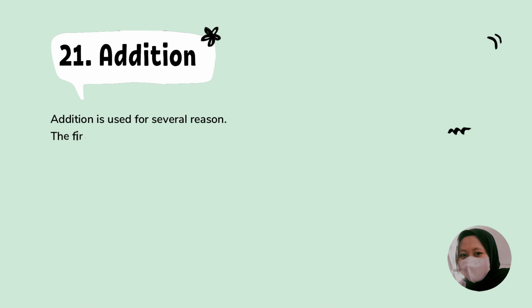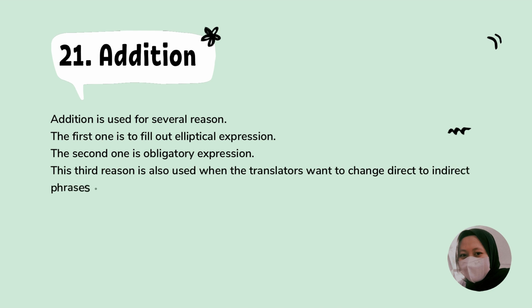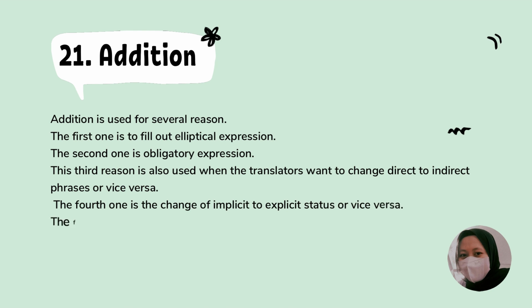21. Addition. Addition is used for several reasons. First is to fill out elliptical expressions. The second one is obligatory expression. The third reason is when the translator wants to change direct into indirect process or vice versa. The fourth one is the change of implicit to explicit status or vice versa.